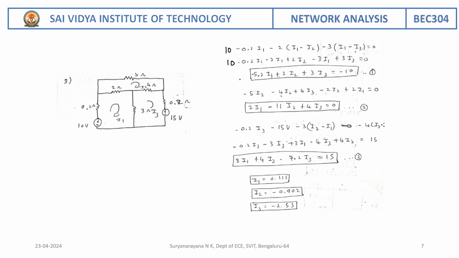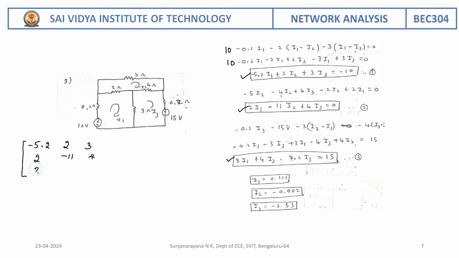So let us write these equations in the form of a determinant. Let us consider the determinant here. The first one is minus 5.2, second value is 2 and third value is 3. And here we are going to get 2, minus 11 and then 4.